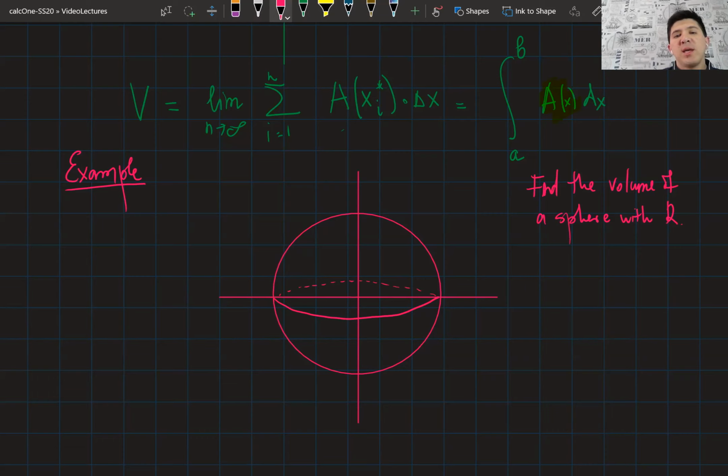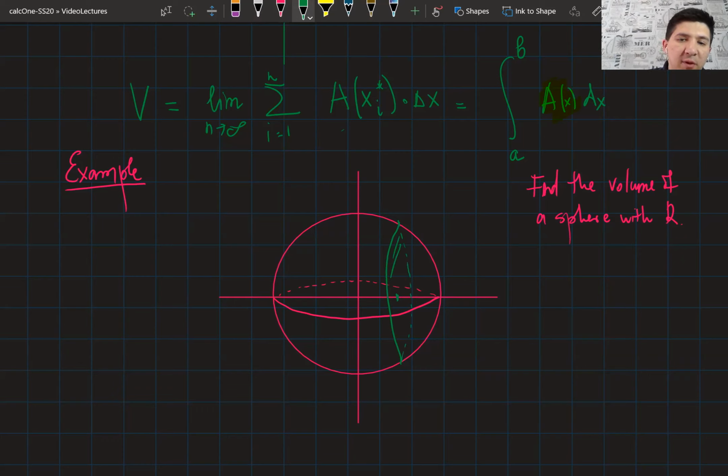So it's going to be a 3D object, actually, and we would like to find its volume. So again, the essential idea would be to just create a lot of slices. For example, I choose one point here. I'm going to create a slice. I will just cut this sphere at this point. So if we cut this, it's going to be this kind of slice, right?